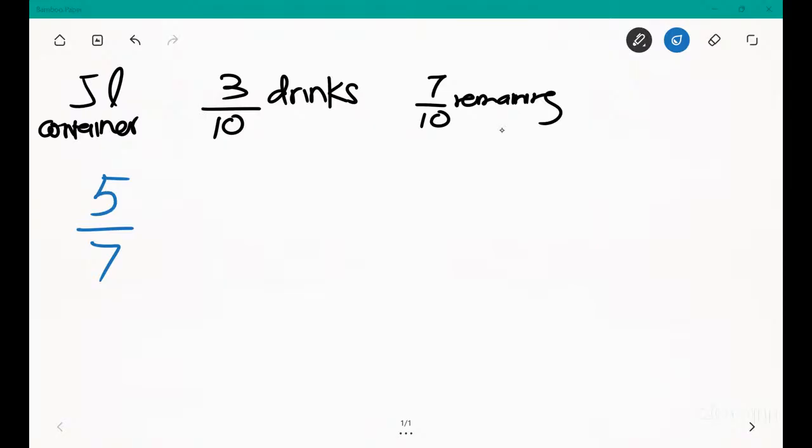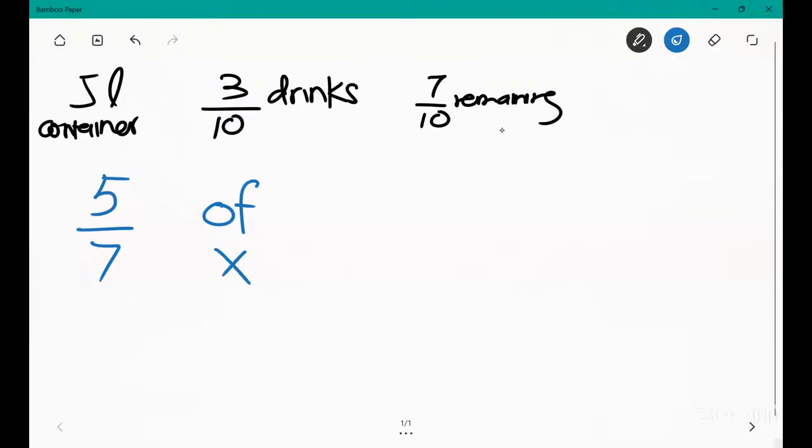7 over 10. Correct. Here specifically they are saying of the drink remaining, and we got that fraction in our previous answer. Always when they say of, the word of refers to multiplication.